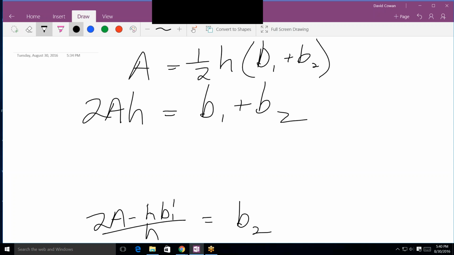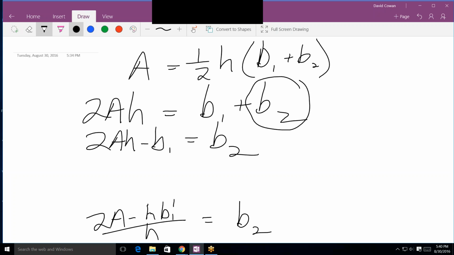And they want you to solve for b2? So we subtract b1. 2ah minus b1 equals b2. How much simpler that was. Is it the same answer? Yeah.